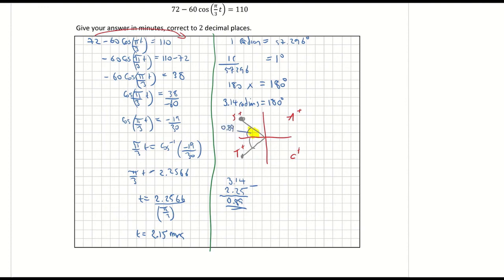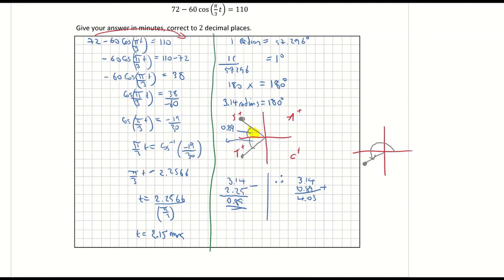So to get this angle then in here, I need to go my 3.14 plus my reference angle, 0.89, and that's giving me 4.03. So let me just sketch it out neatly here on a separate coordinate graph. So this angle in here, where tan is positive, this angle from here to here is 4.03 radians.